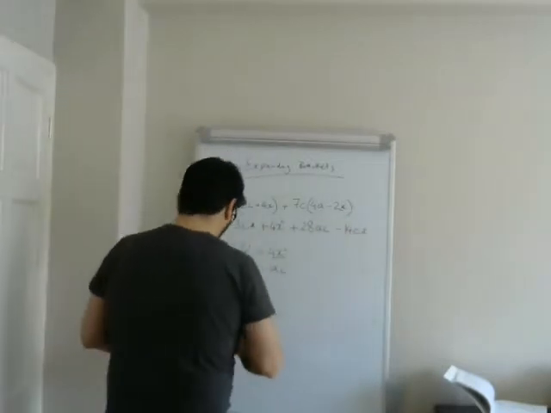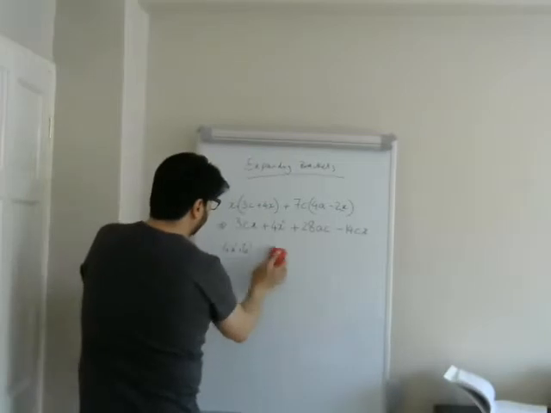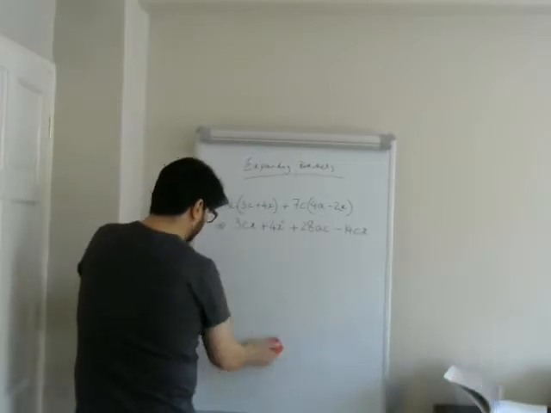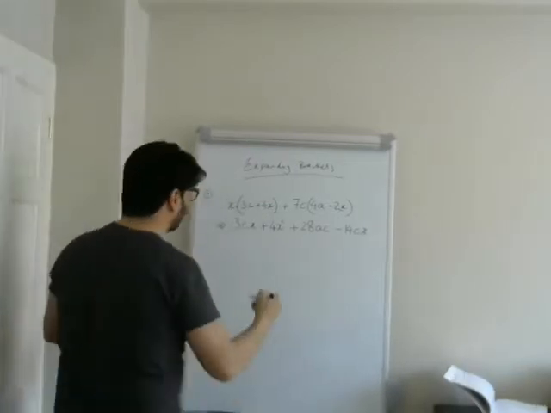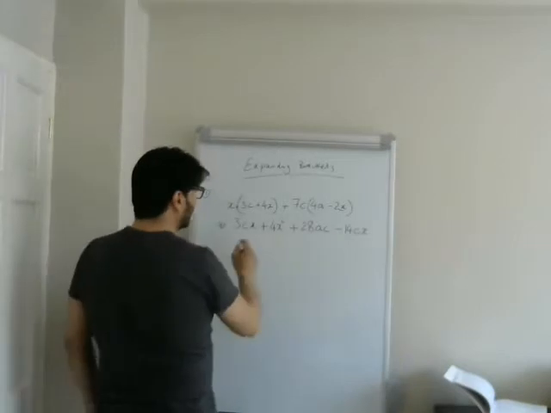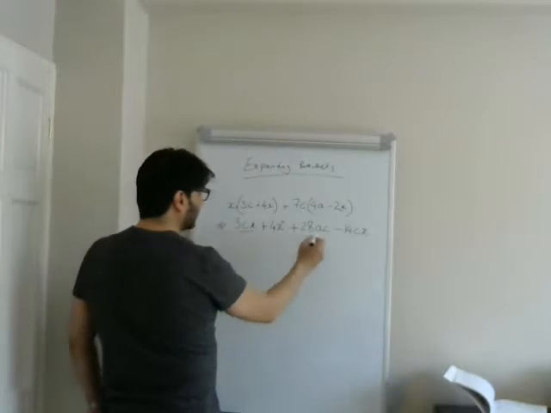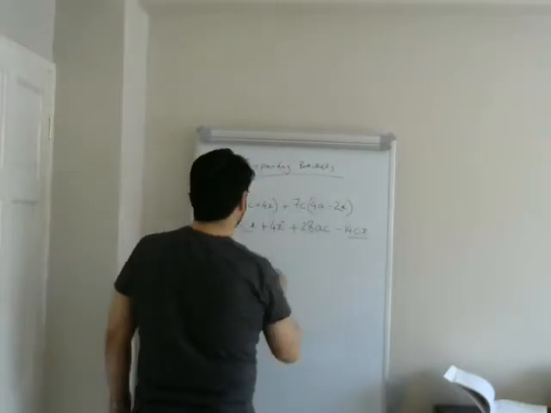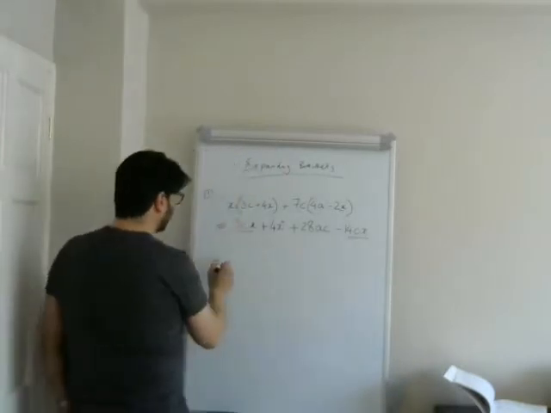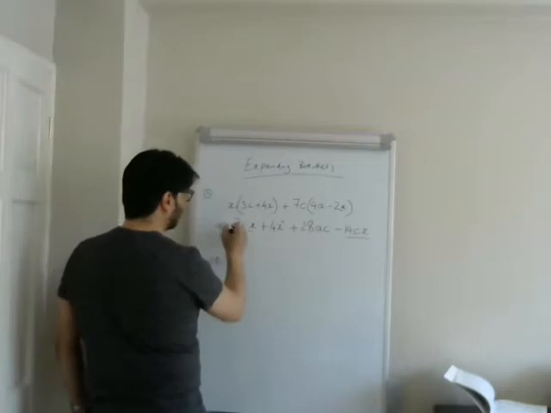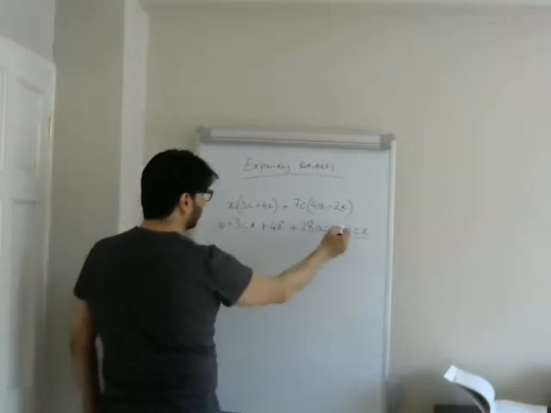Now, in order to simplify further, I need to see what goes into what. So here I can see 3cx and 14cx. So that leads to minus, because that's a plus, that's a smaller number, that's a greater number.